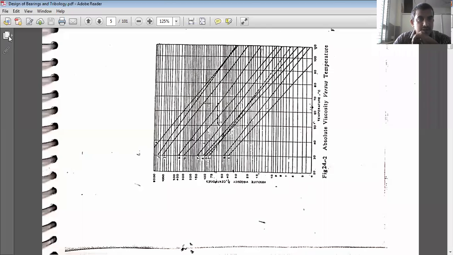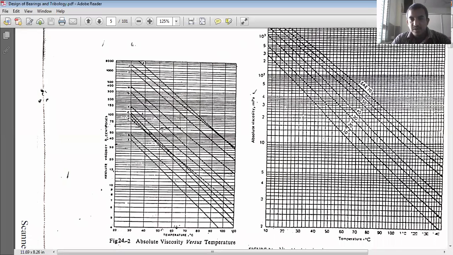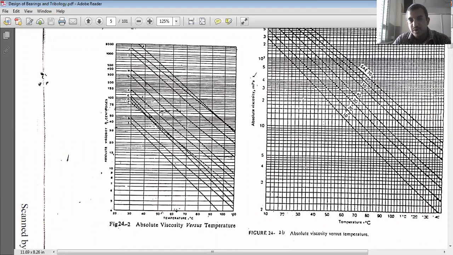Yes, see that in figure 24.2, you can use 24.2 or 24.2b. If you use 24.2b, you'll get megapascal. Now we'll go for 24.2a.